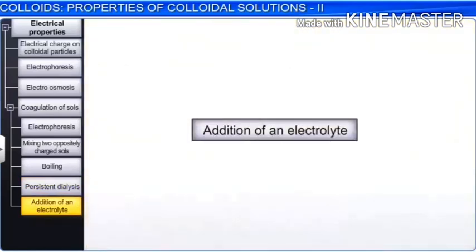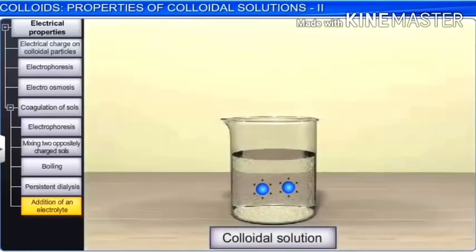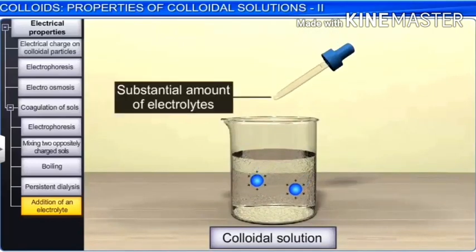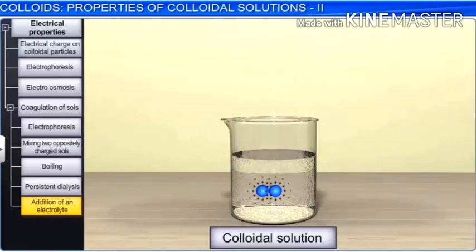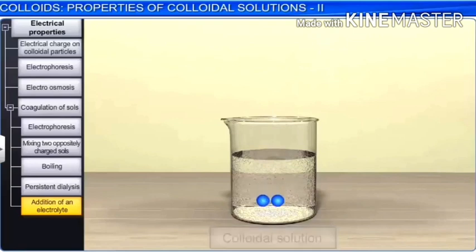The next method for coagulation is by the addition of an electrolyte. We know that a trace amount of electrolyte is needed for the stability of the colloidal solution. But if we add an excess amount of electrolyte, the particles of the colloidal solution will get precipitated, because the ions present in the electrolyte will neutralize the oppositely charged ions present in the colloidal solution.